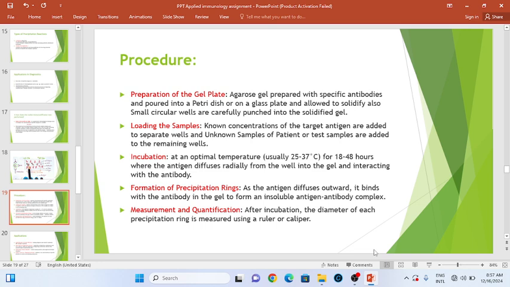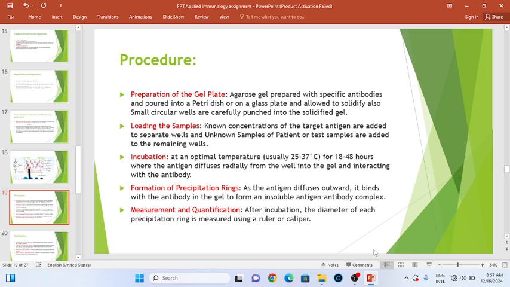Fourth one is formation of the precipitin ring. As antigen diffuses outward, it binds with antibody in the gel to form an insoluble antigen antibody complex, meaning the precipitate is going to be formed from the antigen antibody complex.